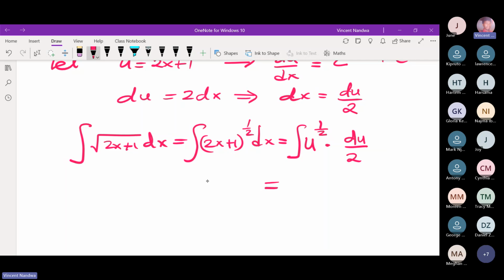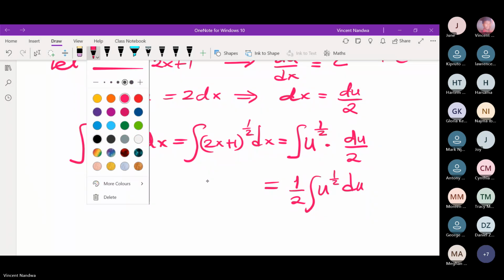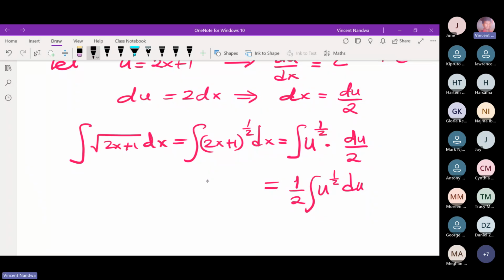Then we factor out this half. So we'll have a half integral of u power half, then du. So you see we have successfully transformed the integral in terms of the new variable u. And now we can easily use power rule to get the answer.